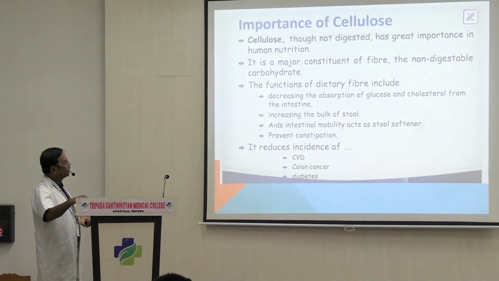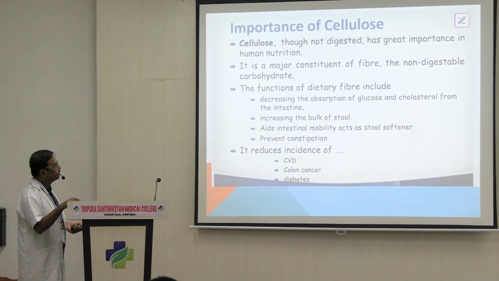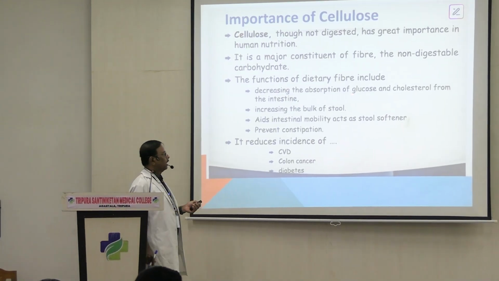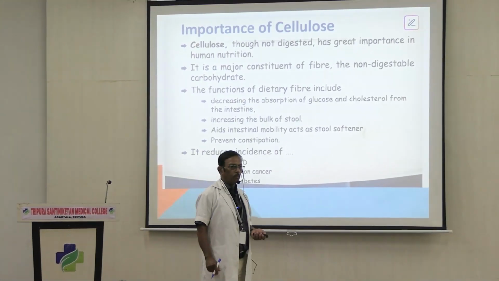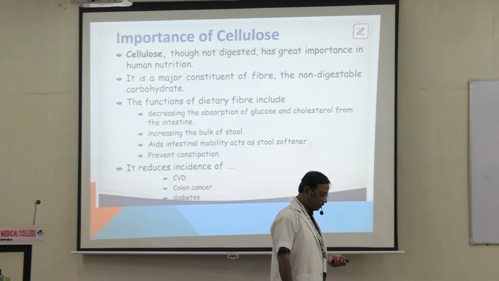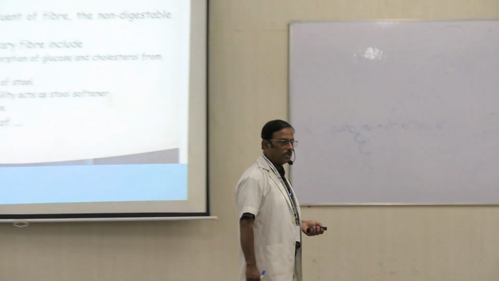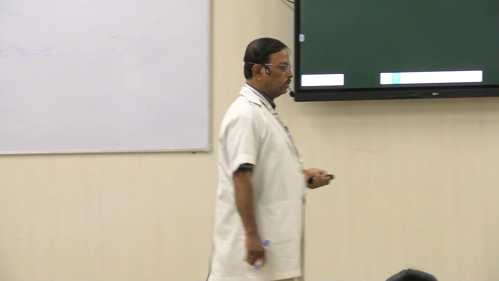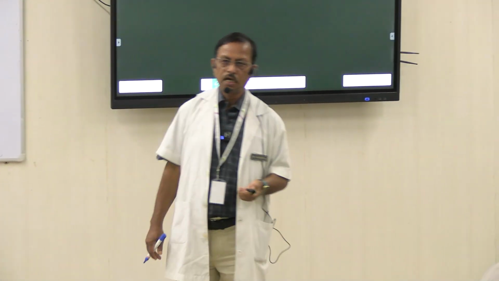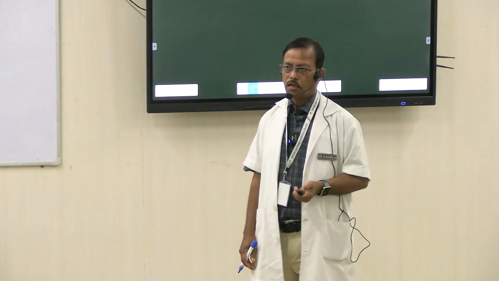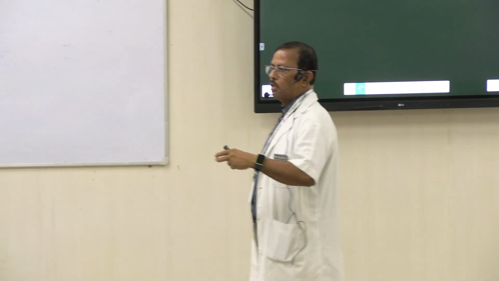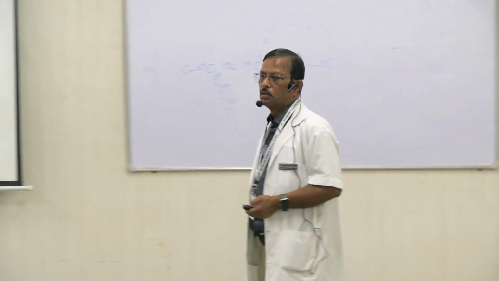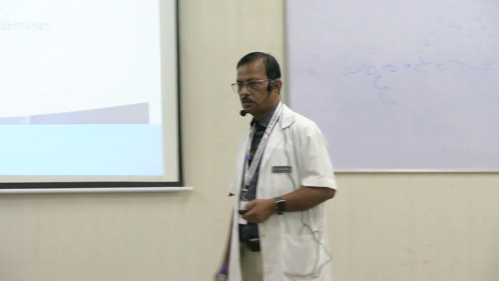Functions of dietary fibers include decreasing the absorption of glucose and cholesterol from the intestine. So, they reduce the possibility of diabetes mellitus. If glucose is absorbed fast, there is a high rise of blood sugar, which increases the possibility of diabetes mellitus.